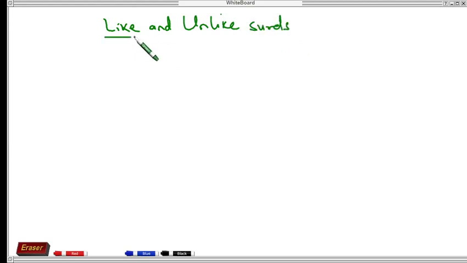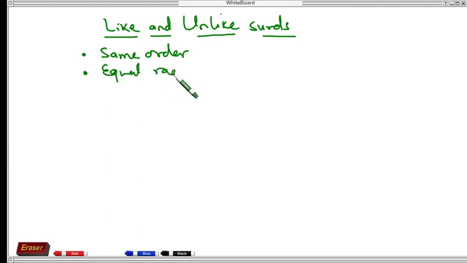Now next part, dear students, about like and unlike surds. Like surds have the same order. First check the same order, and second check the equal radicand.